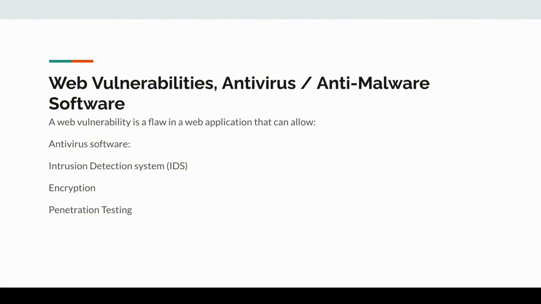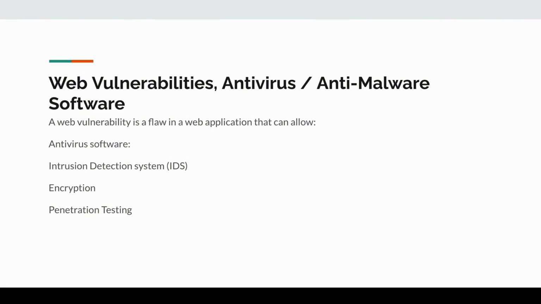Okay, afterward, it talked about things like web vulnerability, antivirus and anti-malware software, things like that. So what is a web vulnerability? A web vulnerability is a flaw in a web application that can allow unauthorized access, data theft, or malware deployment.